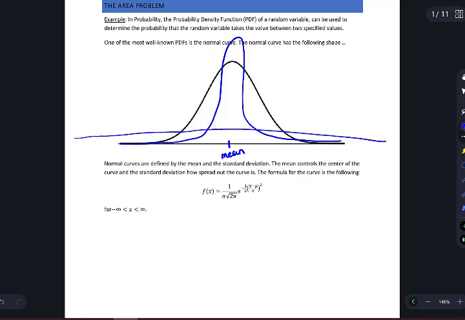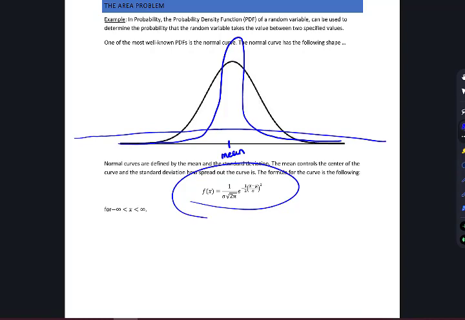The three curves that I've drawn here would all have the same center, but they would have different standard deviations. This middle one that I drew has all of the mass really close to the mean, so that would be a small standard deviation, and the ones really far out are spread apart and have larger standard deviations. Now here's what the formula for the curve looks like.